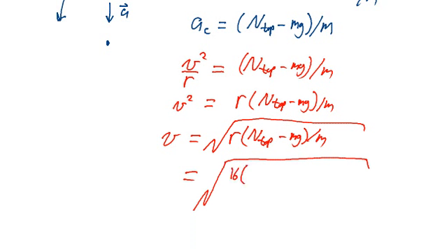The normal force at the top was 540 newtons minus the mass, that was 60 times g of 10. Close my brackets, and then divide by that 60 again. Alright, so if I get my calculator out, I'll take 540 minus 6 times 10, so that's minus 600.